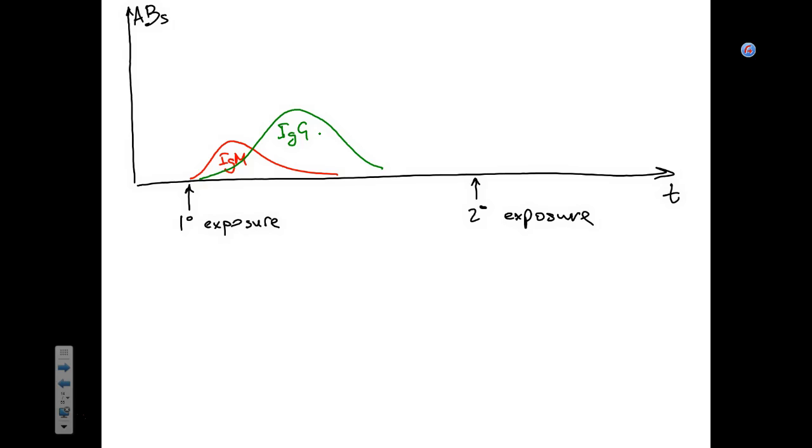But the main component of the response is IgG, we have to admit it. So what's going to happen to the IgG levels after the second exposure compared to the first? Quicker and more. It's going to be more like this. Does that make sense? IgMs are still going to be produced, don't get me wrong. Okay? So you can definitely see the difference in exposure.